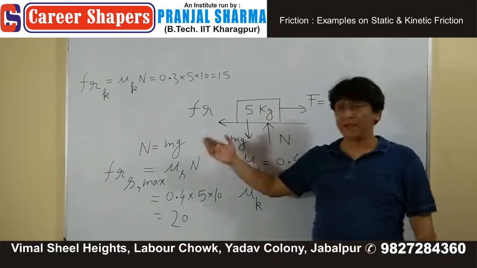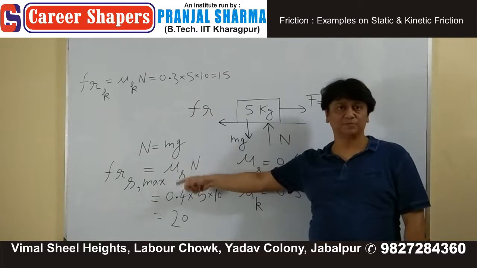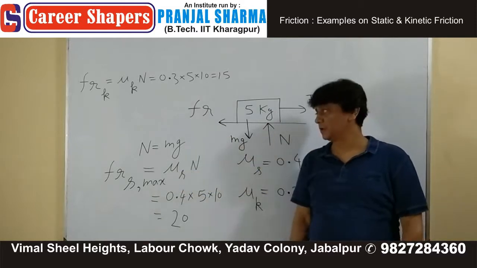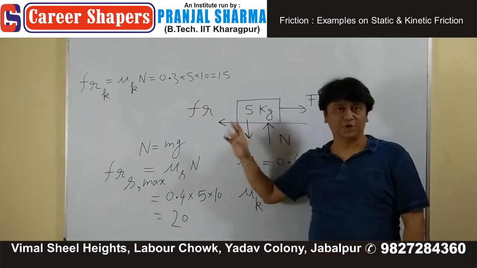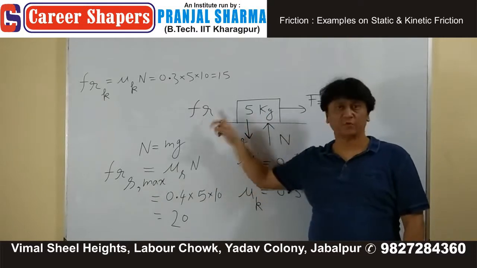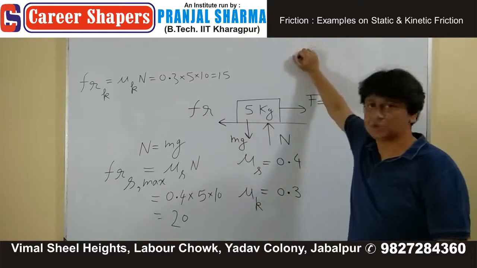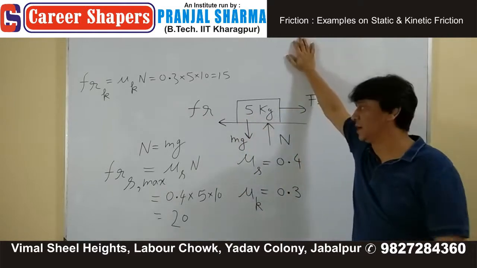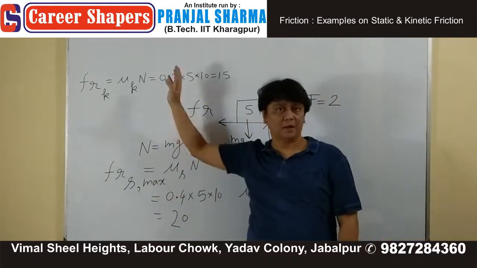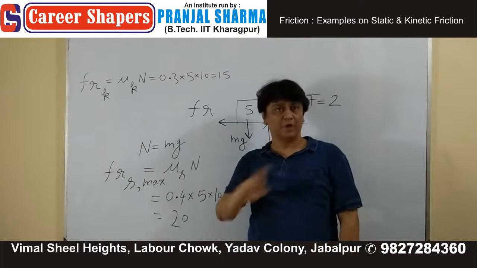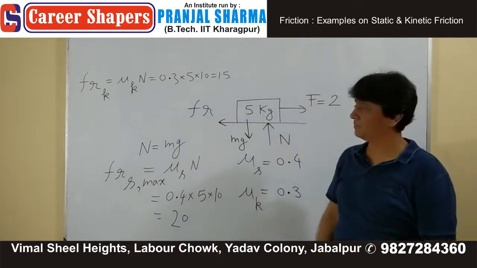Before we even find Fr, we always go for Fr maximum static and Fr kinetic. Question is, find out Fr, friction acting on the block. We haven't found friction so far, we have only calculated the maximum of static and the kinetic. We have not calculated the value of friction.